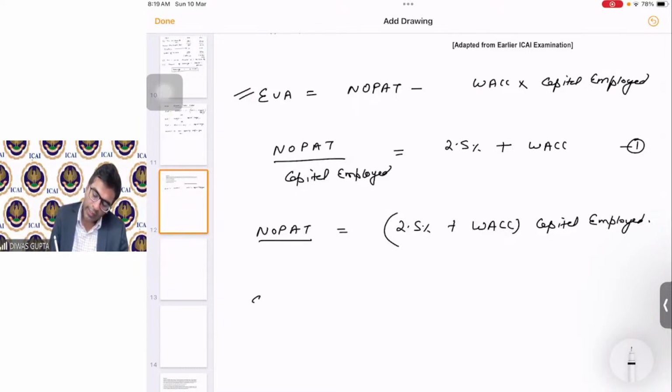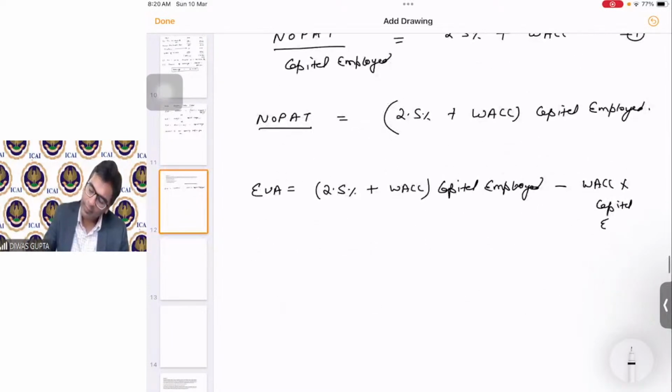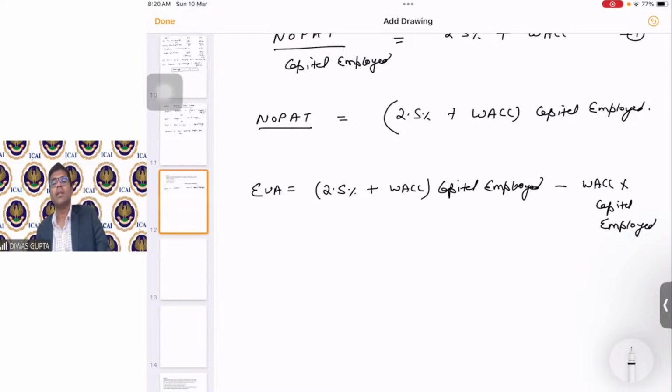EVA will become 2.5% plus WACC multiplied by capital employed, minus WACC into capital employed. Correct? So only NOPAT we have substituted.